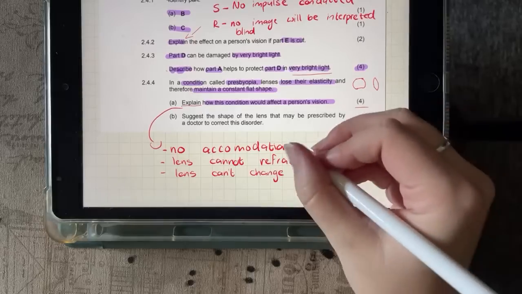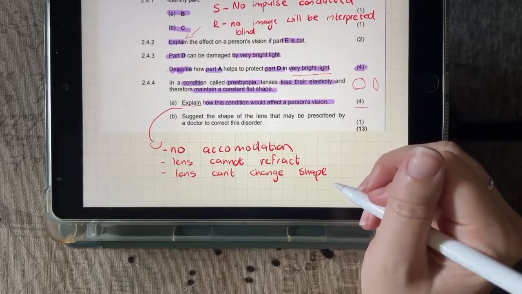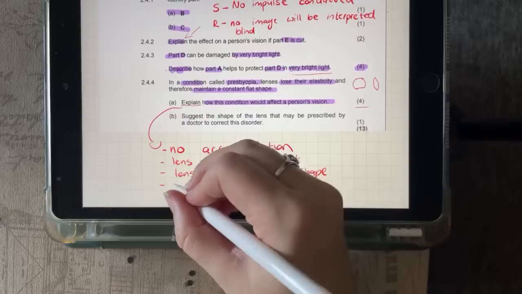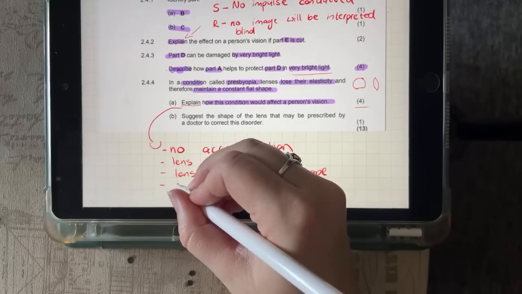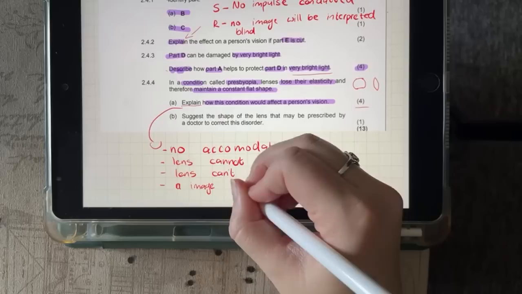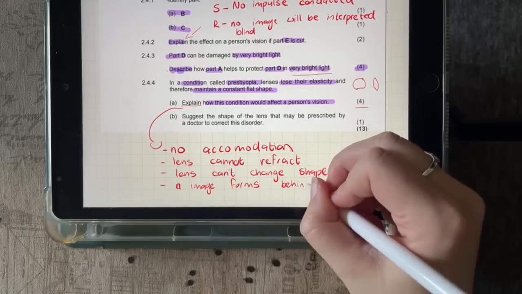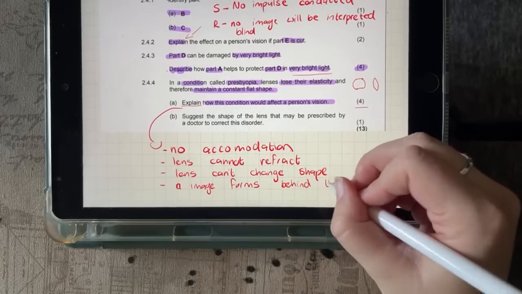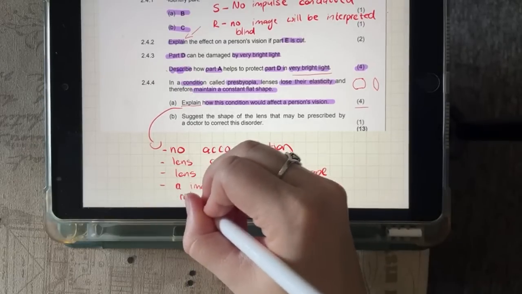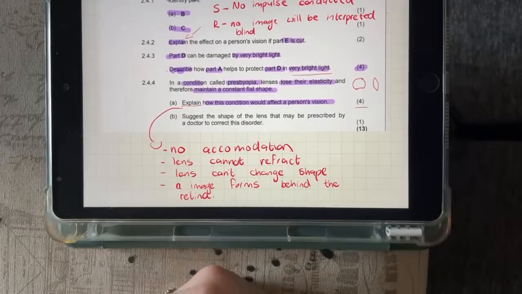And if there's no accommodation and the lens can't refract and the lens can't change shape, then an image forms behind the retina. Okay? It falls behind the retina.